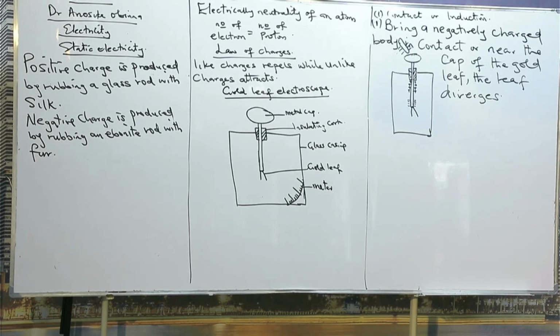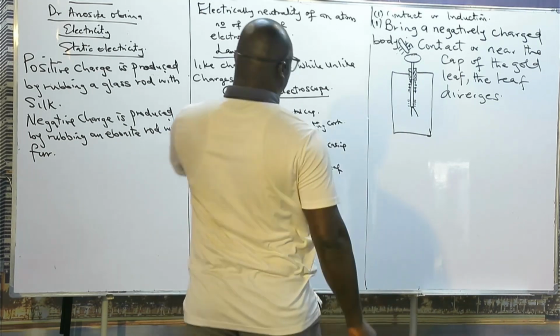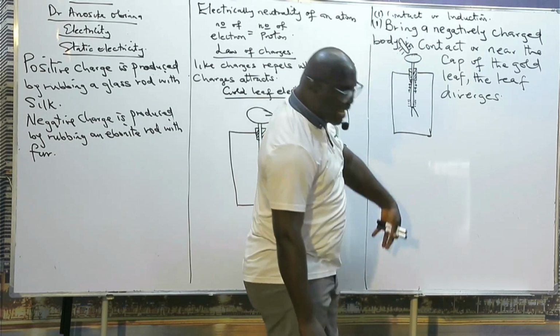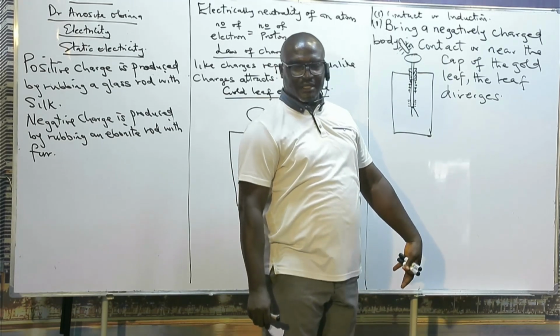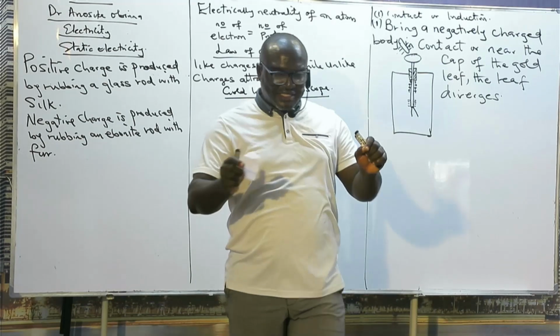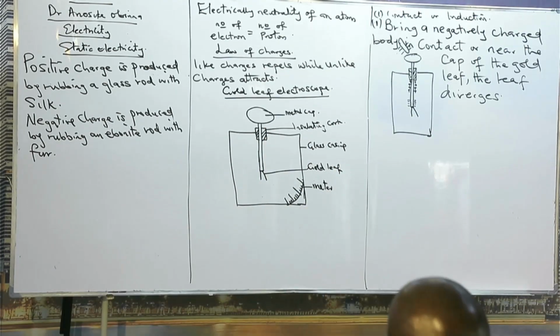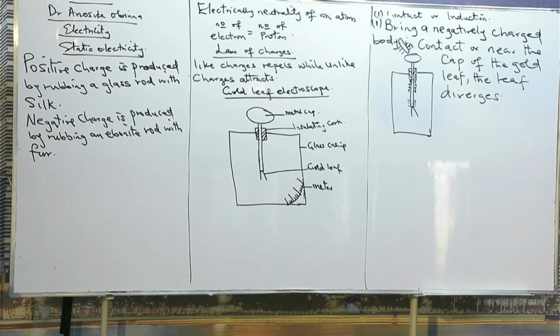So if you bring that negatively charged body, the positive charges will come up to the cap, indicating attraction, while the negative charges will move down towards the leaf, indicating repulsion. At this instant, the leaf will diverge, showing the presence of charge.